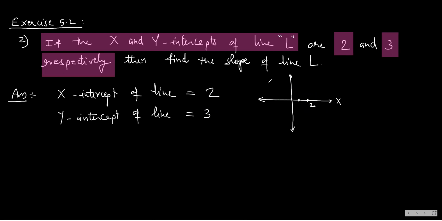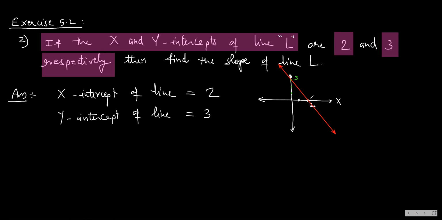And the y-intercept is 3. It means on the y-axis you will have somewhere the number 3, and the line will meet the y-axis at this 3. So what would that line be? The line would be like this. You see this? Meeting the x-axis at 2 and the y-axis at 3.